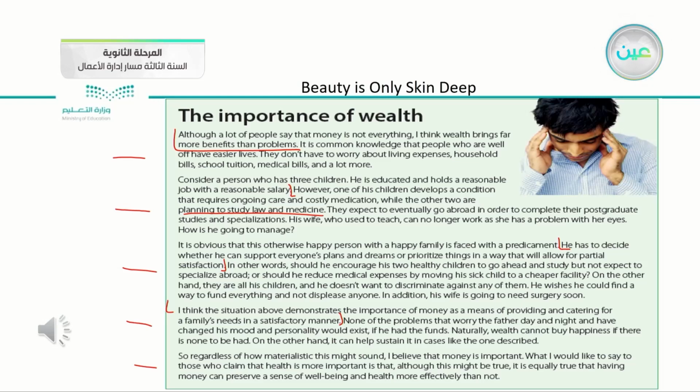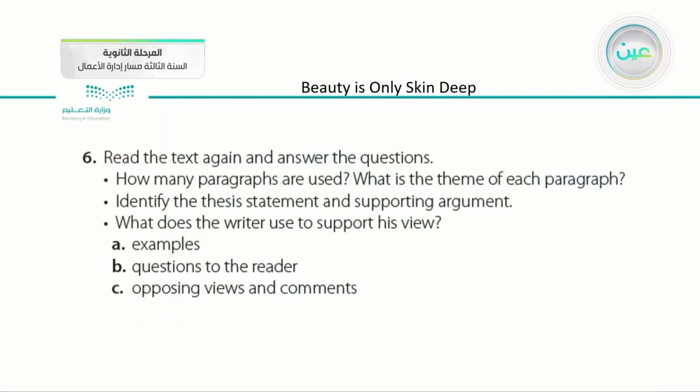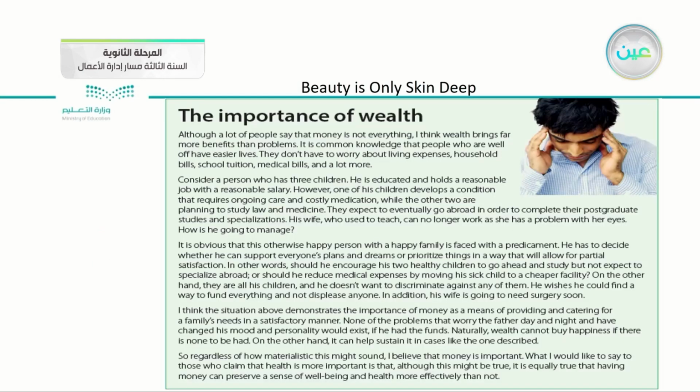The last thesis statement is, so regardless of how materialistic this might sound, I believe that money is important. And this is the last thesis statement in this essay. We have after that, what does the writer use to support his view? The writer uses 3 things: examples, questions to the reader, and opposing views and comments.